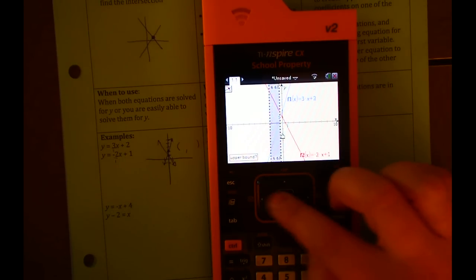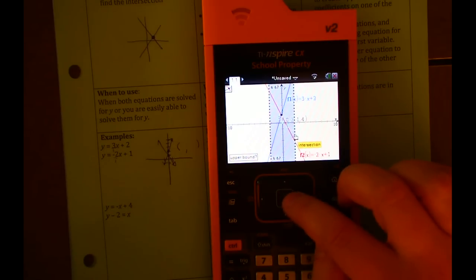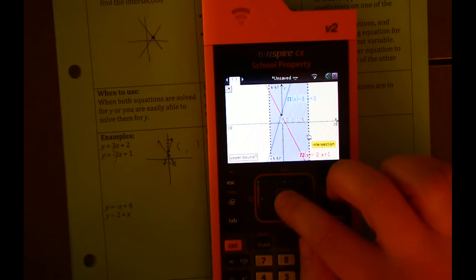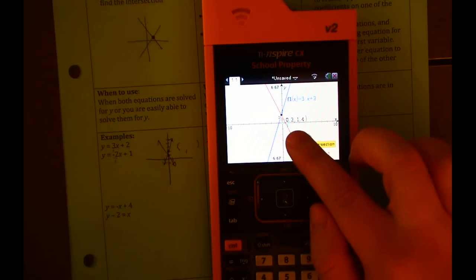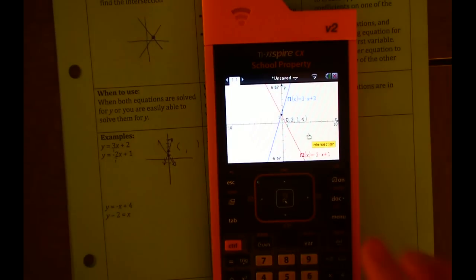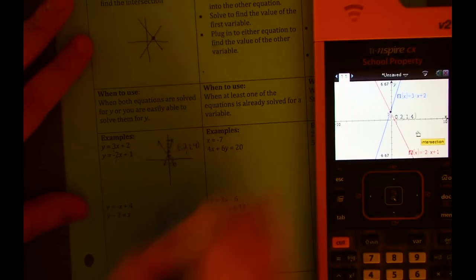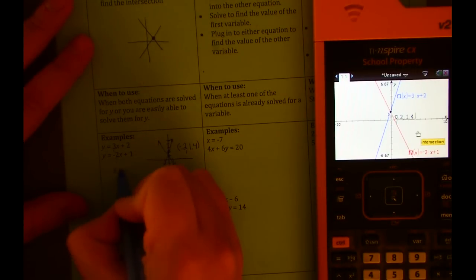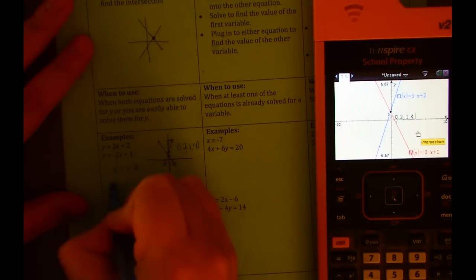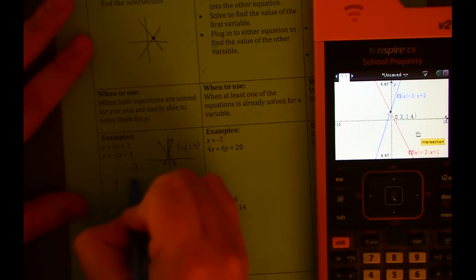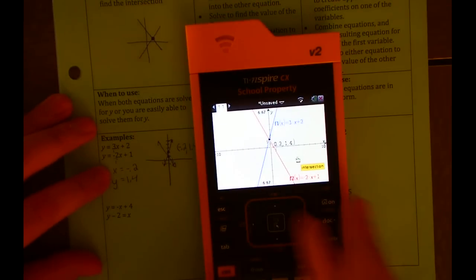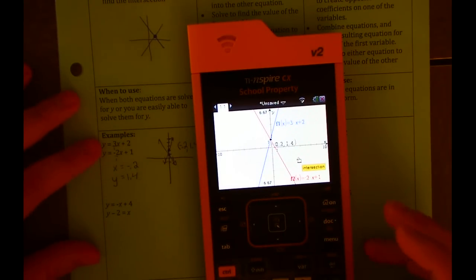Then I'm going to scroll over to the right of the intersection, hit the grabby hand again, and it says that the intersection happens at negative 0.2, 1.4. So the solution to this is when x is negative 0.2 and y is 1.4. That xy pair would solve both equations.